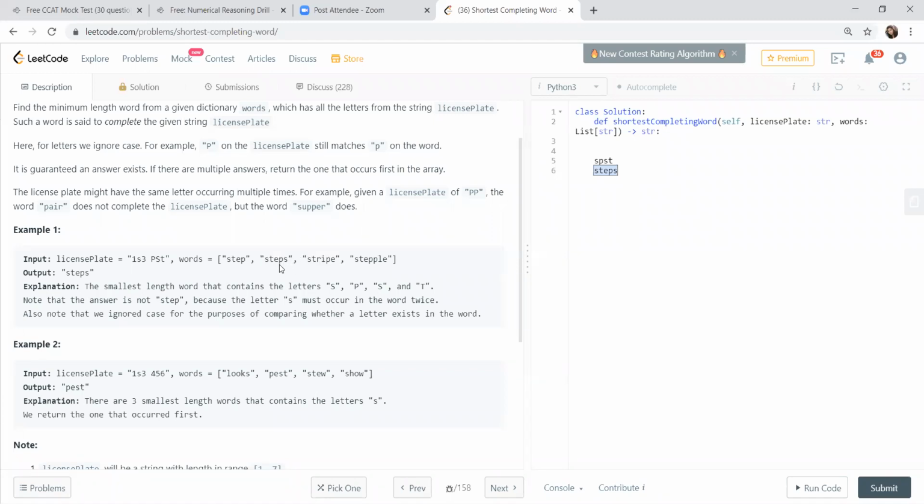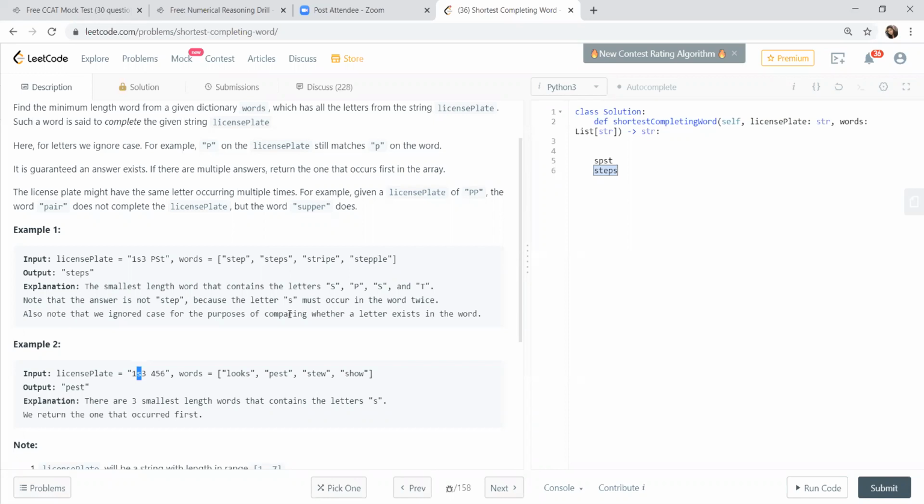But the word which comes first, the first word we have seen, would be the answer. For example, over here, STEPSS would be the answer, but not stripe, because stripe contains only one S. Okay, that makes sense, thank you.